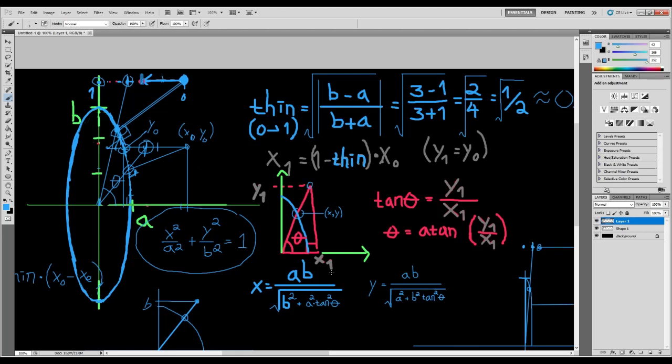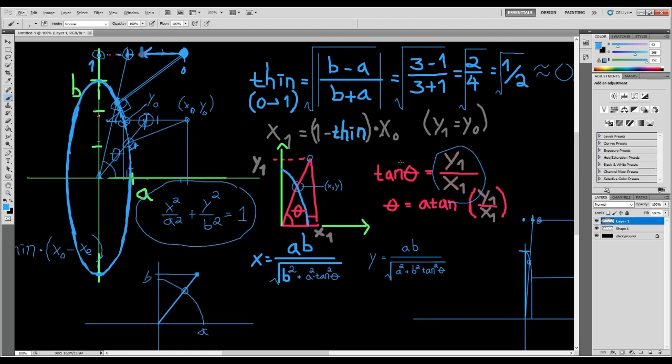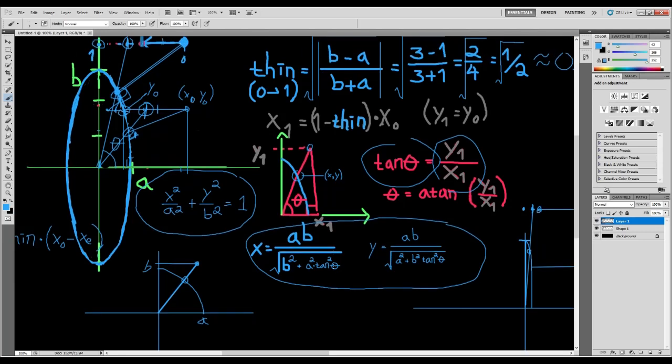We have a y1 and x1, so we get the tangent of the angle is equal to this value, and we don't even need to take the arctangent. We just use the tangent value in itself, and then we can get x and y values of the ellipse by these equations. This is not approximate, this is actually analytically correct how to calculate it. So a and b and the tangent, it's all you need, these three variables, or well, they will be constant at this point.